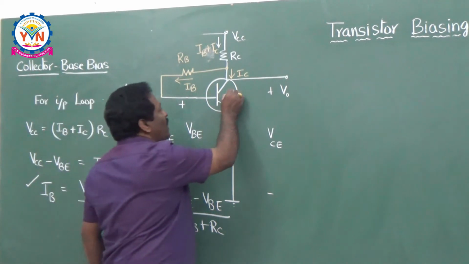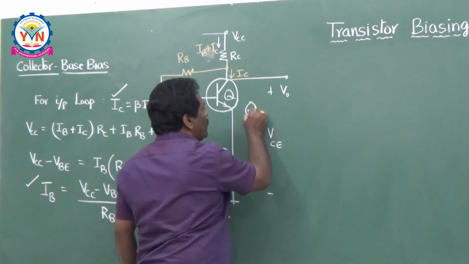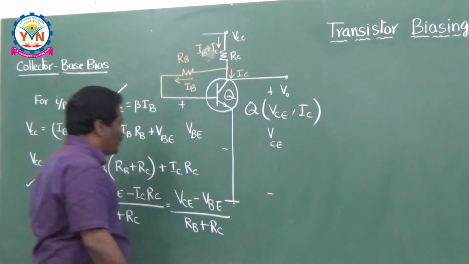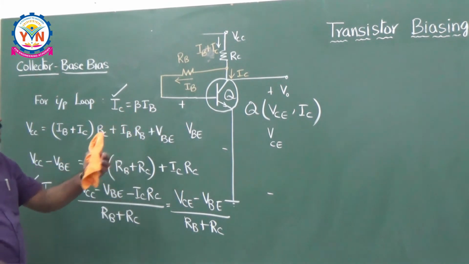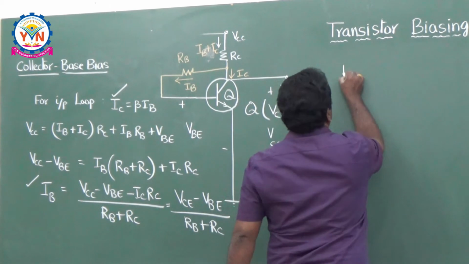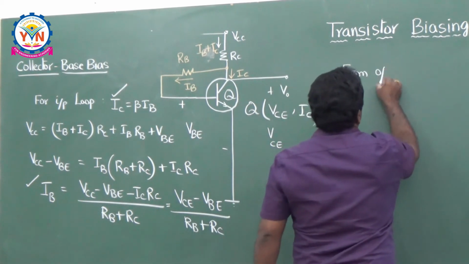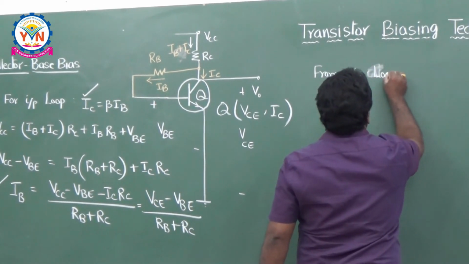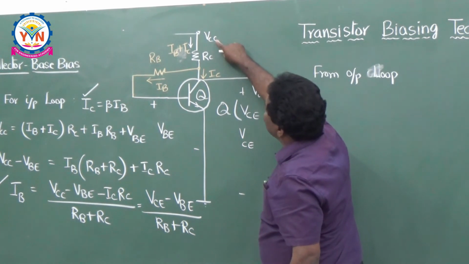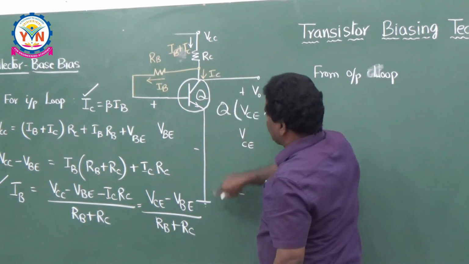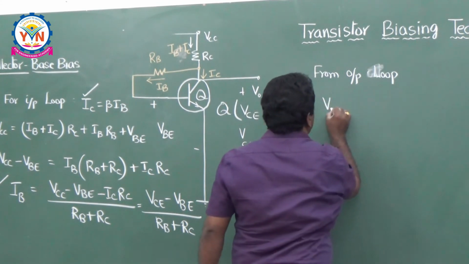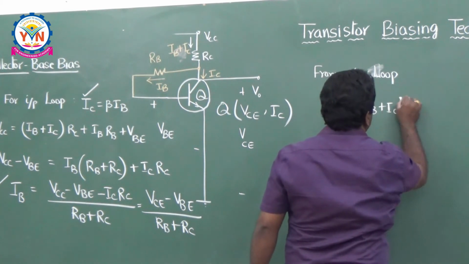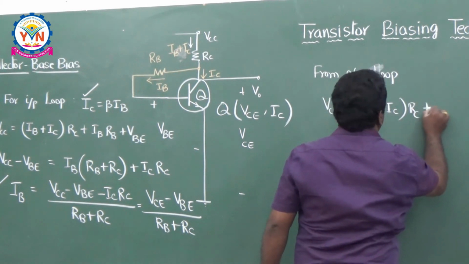What are the coordinates of the operating point? Q has the coordinates VCE as well as IC. IC is already given from the input loop. As usual, from the output loop you can calculate your VCE. By writing the KVL for the output loop: VCC is equal to IC RC plus VCE. So you can say the applied voltage VCC is equal to (IB plus IC) into RC, this is the drop, plus VCE.